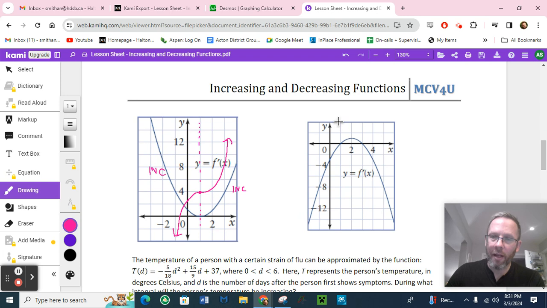However, with this next one, we can see that x equals -1 and x equals 3 are two spots where the derivative will be 0. The derivative is negative to the left of -1, so it's going to be decreasing. The derivative is positive between -1 and 3, increasing, and then the derivative is negative, so our function will be decreasing.